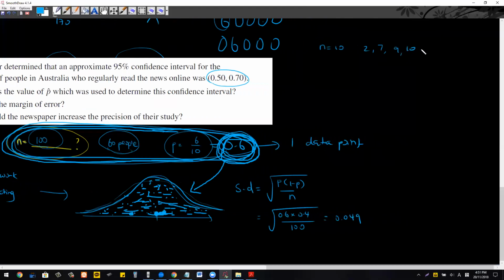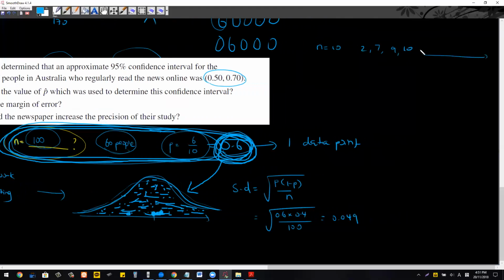So it's going to have a very large distribution. But if I ask 100 people, then sometimes it's 51, sometimes 52, 53, sometimes like 60 people, but not like 20 people. This 20 out of 100 is not likely to show up, you see?